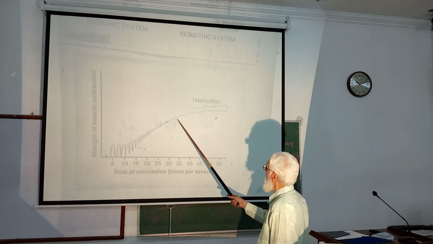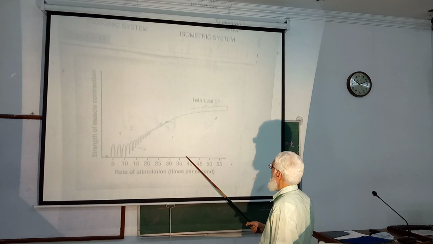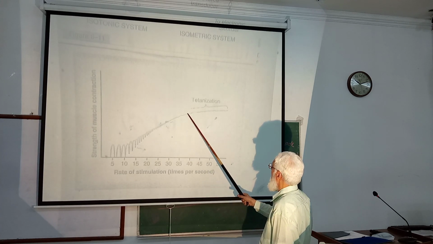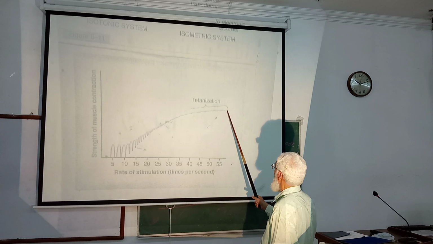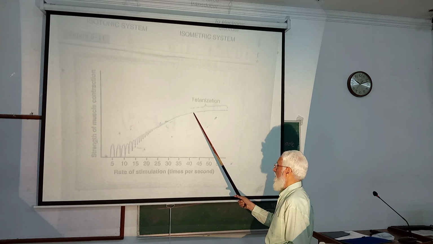And then finally, at a frequency of stimulation of 40 to 45, you get sustained contraction, which is called tetanization or complete tetanization.